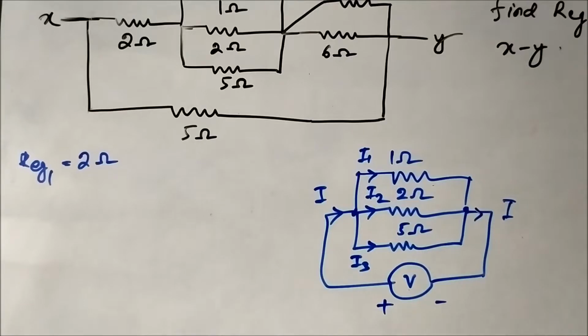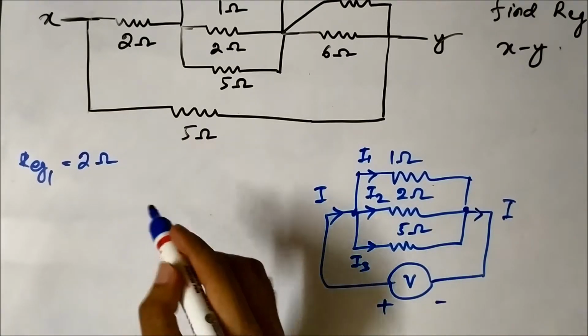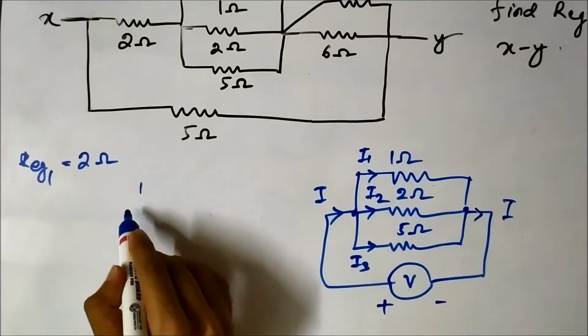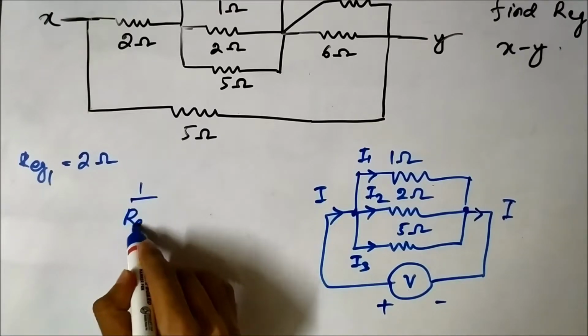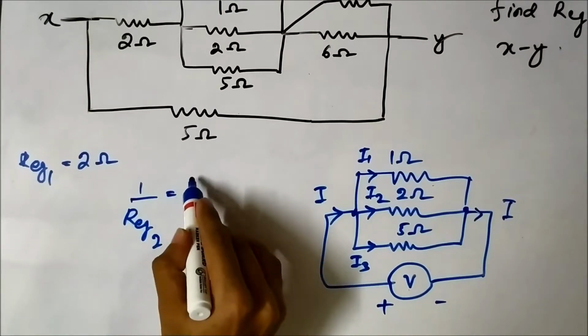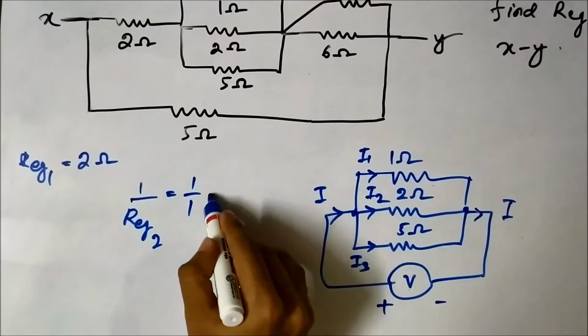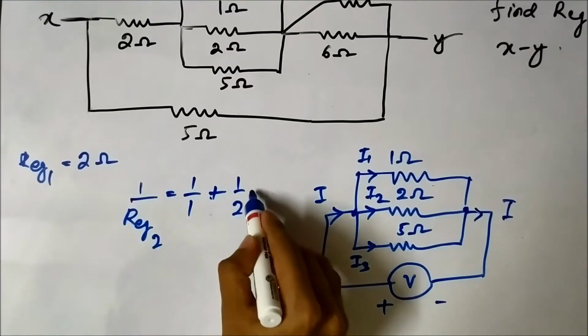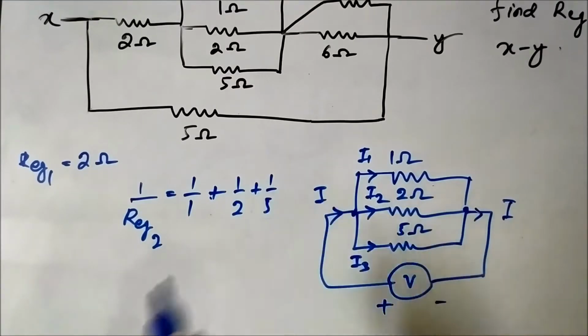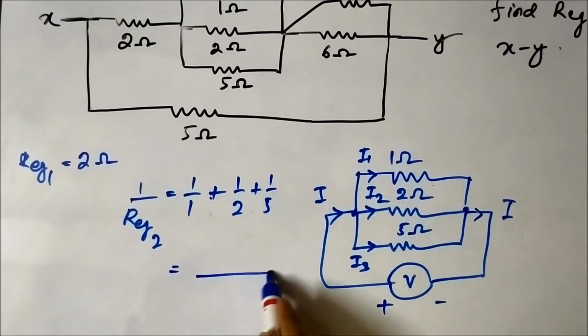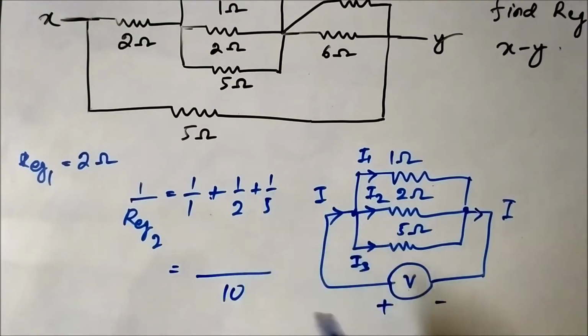So the equivalent resistance of this combination, let us say 1 by R equivalent 2 is equal to 1 by 1, which means simply 1, plus 1 by 2 plus 1 by 5. The LCM is simply the multiplication, 10.